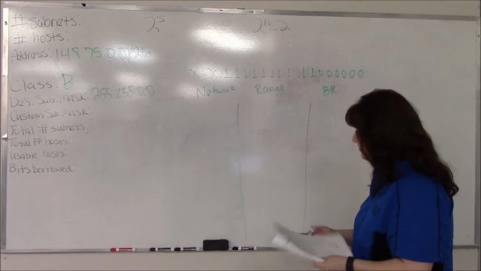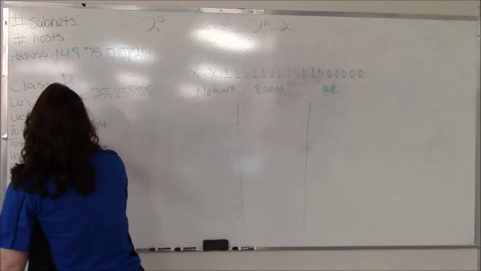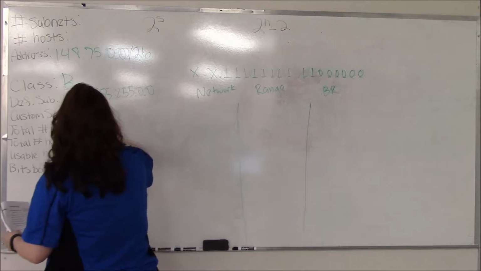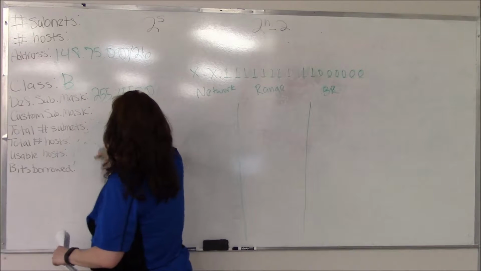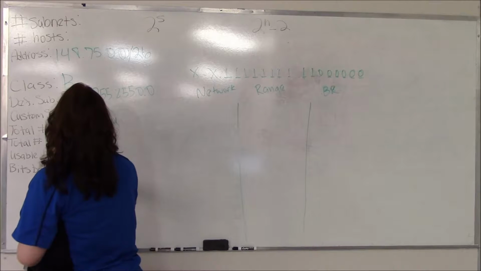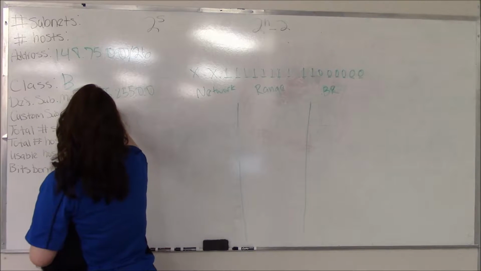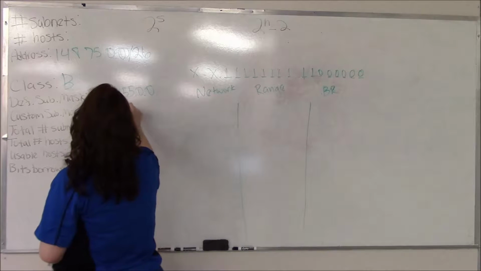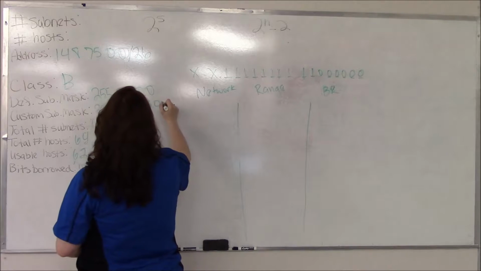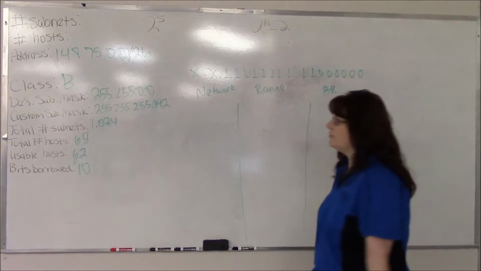Wait a minute, no, number of subnets is 1,024. Hosts are 64 total, 62 usable. We still borrowed 10 bits, and our custom subnet mask is still the same. Which means that when we subnet it out, it will still be the same. They just gave us the information in a different way.